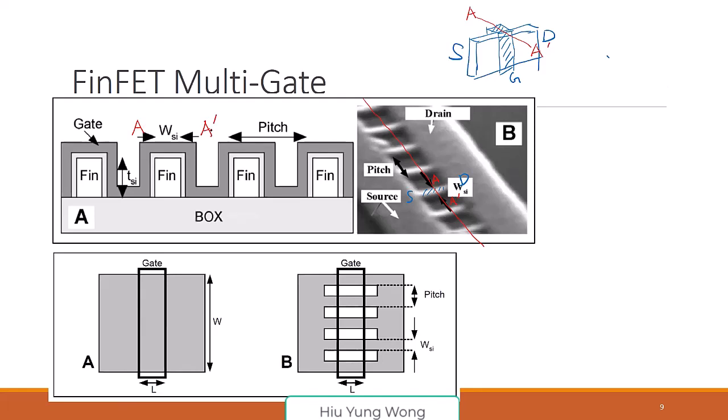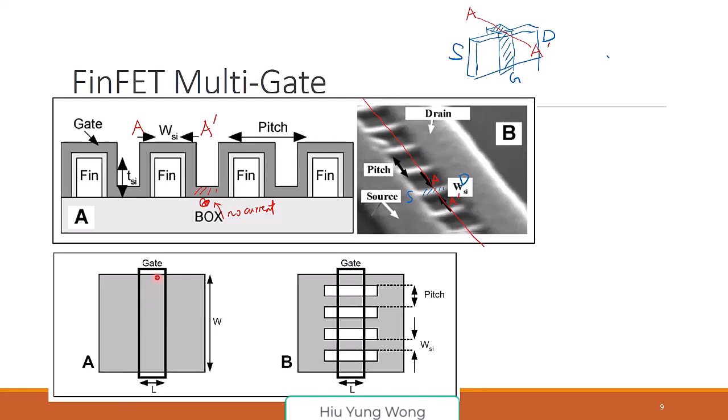So you have many fins next to each other. So between the fins here, no current, right? Because you don't have a transistor there. You only rely on the fin 1, 2, 3, 4 to conduct because your source drain is into the screen, right?